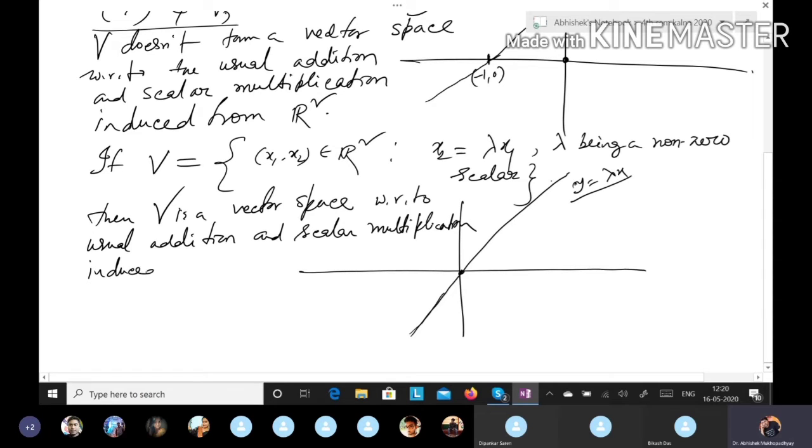Thus we have seen two examples. The first one is not a vector space, which was a straight line not passing through 0 0, and the second one is a vector space with respect to usual addition and scalar multiplication induced from R2, which is again a straight line, but it is passing through 0 0.